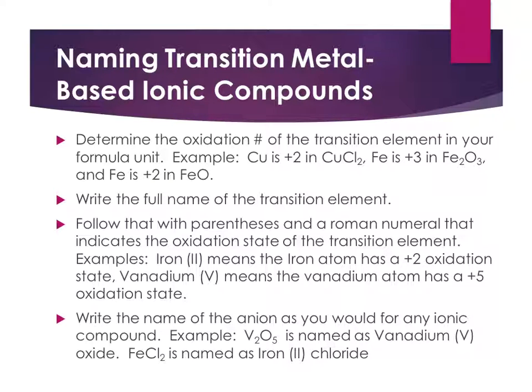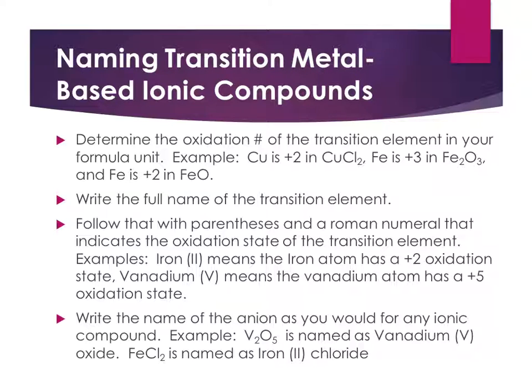If I just write iron oxide, you don't know if I'm talking about iron(II) oxide or iron(III) oxide, FeO or Fe2O3. So the iron(II) means that the iron atom has a +2 oxidation state. The Roman numeral is the oxidation state of the transition metal in that particular compound.